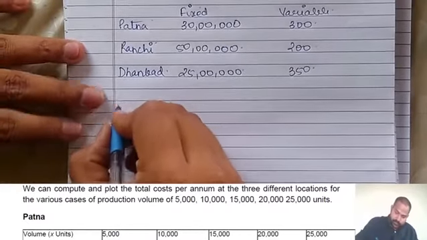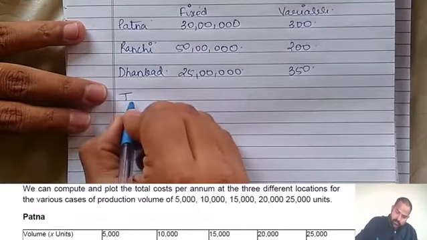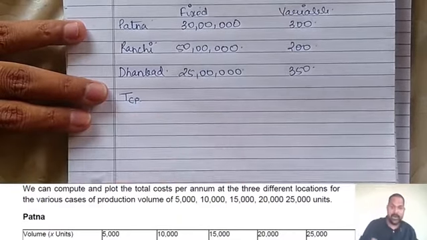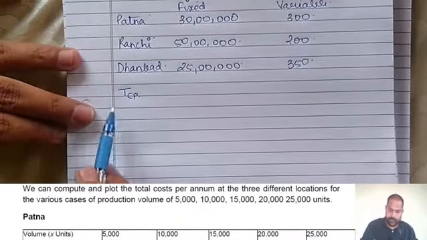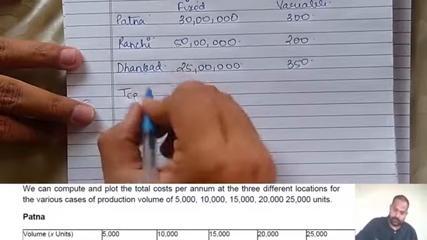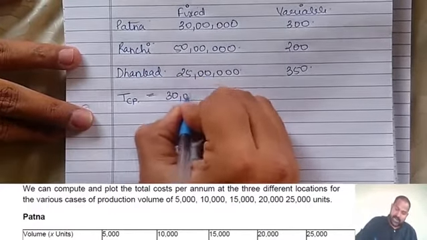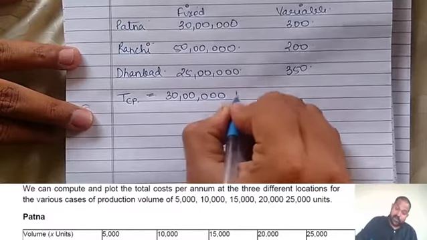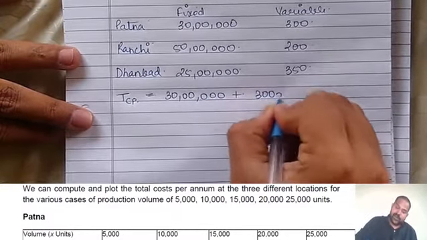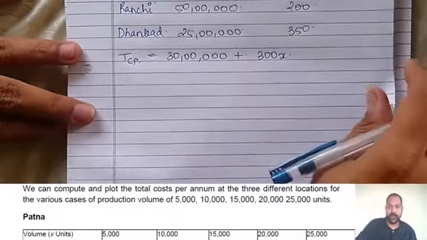Let's start with the total cost for Patna. So I'm writing TCP, which means total cost for Patna, is the fixed cost, which is 30 lakh plus 300 into whatever units you decide to make.